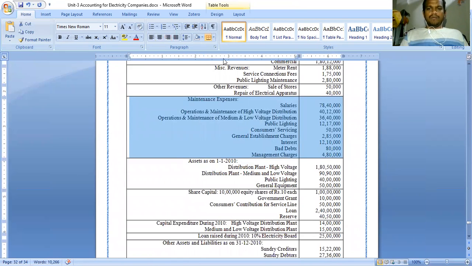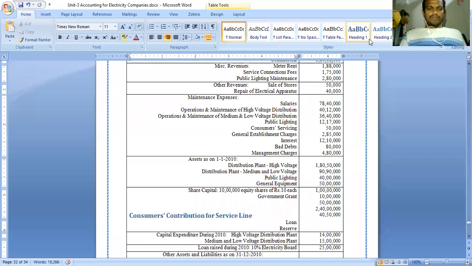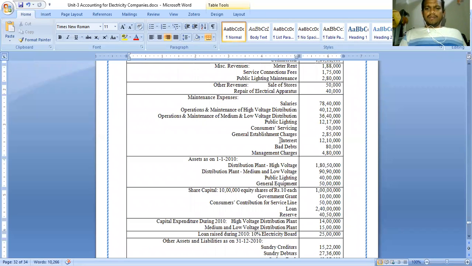However, in this maintenance expenses, there is interest which is having 12 lakh 10,000 amount. So this interest may be from the loan or interest on debentures. But the thing is, in the balance sheet there is no sign of debentures given.